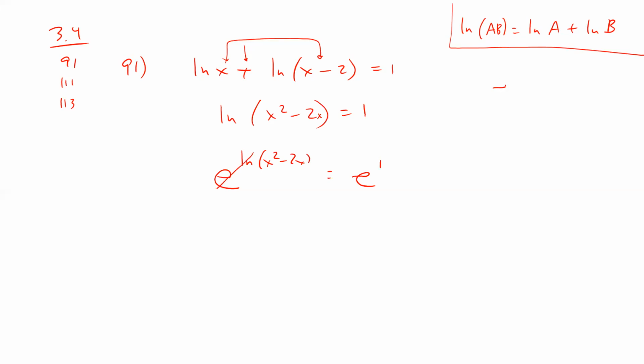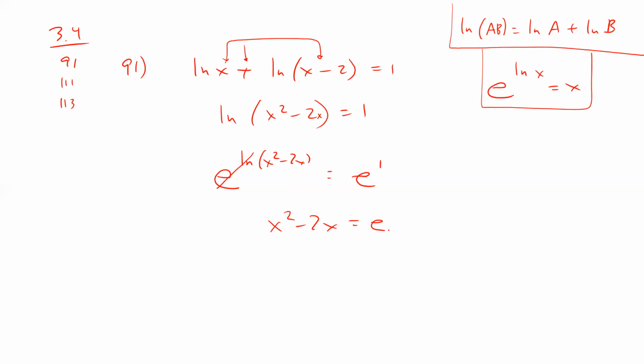Let's put this on the side: e to the ln of x is just x. We'll develop a whole bunch of rules here by the time we finish. So that cancels off and that cancels off. So instead of being in the exponent, it just drops back to a regular number. And I could write a 1 next to e, but I can just write e, and that's fine too.